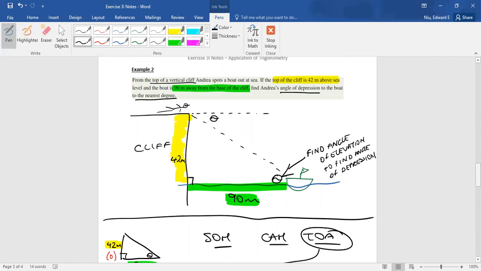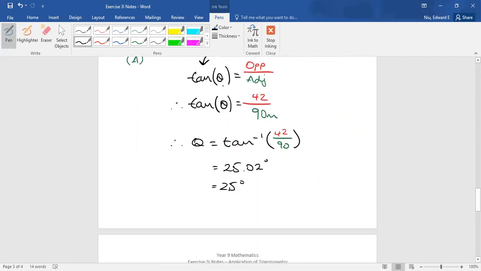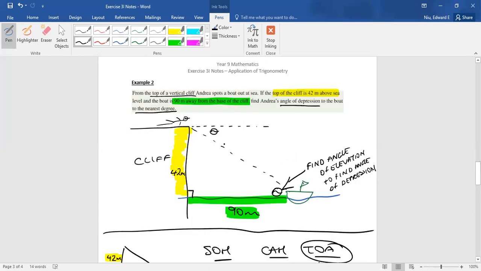So our angle of depression is therefore 25 degrees. This angle here is 25 degrees and this angle here is 25 degrees. In other words, both our angle of depression and angle of elevation, depression from the person at the top of the cliff and elevation from the person at the boat, is both 25 degrees. I hope that makes sense so far.